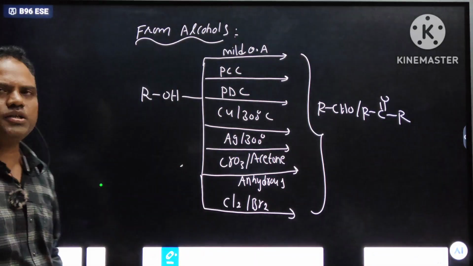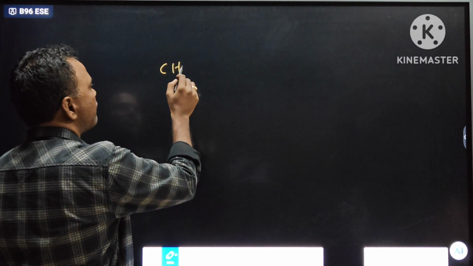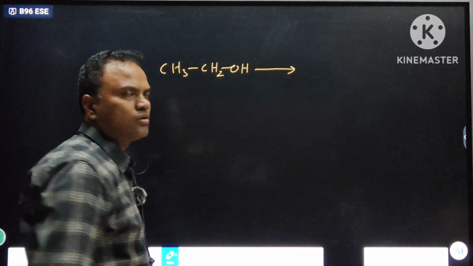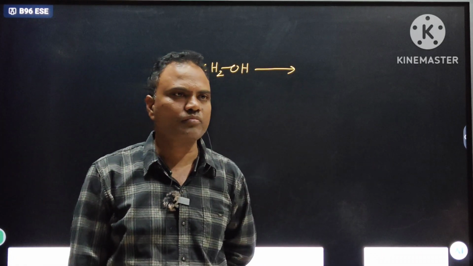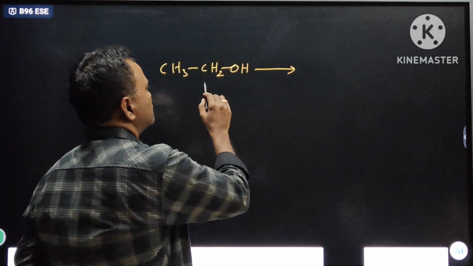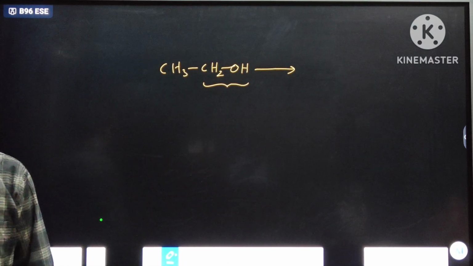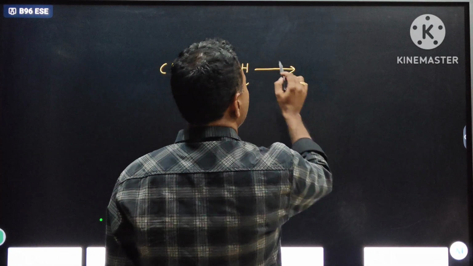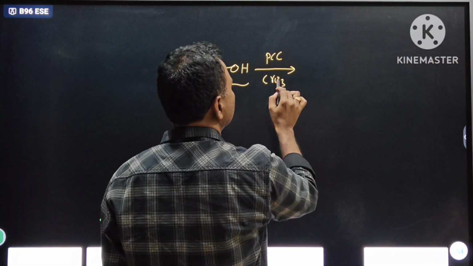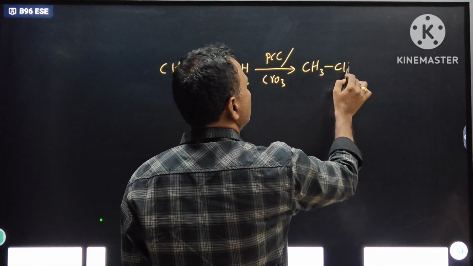In alcohols we did this. Let us take one example, CH3CH2OH. Sanjana only didn't listen, right? I'll send the simple mechanism. You can watch the video. See this. When we use PCC, pyridinium chlorochromate, or Jones reagent, CrO3, CH3CHO, aldehyde is produced.